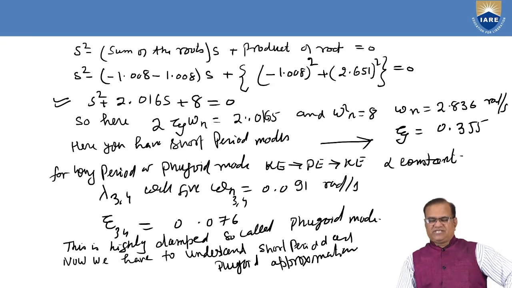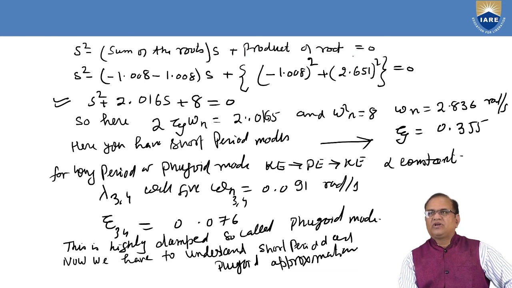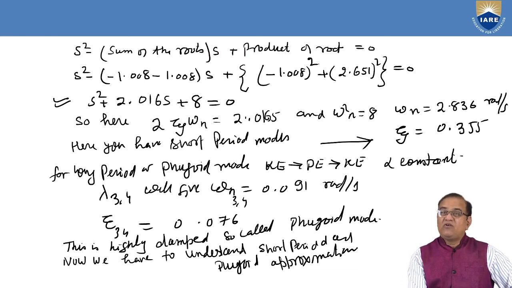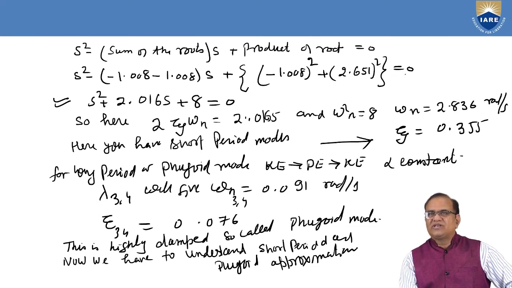So here s square minus sum of the roots into s plus product of the roots is equal to 0. With the given numbers, s square plus 2.0165 s plus the product of the roots, 1.008 square plus 2.651 square, is equal to 0.